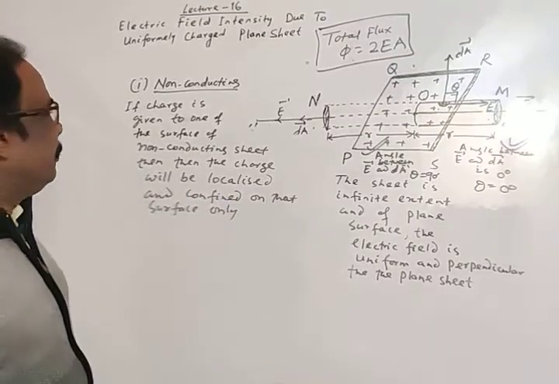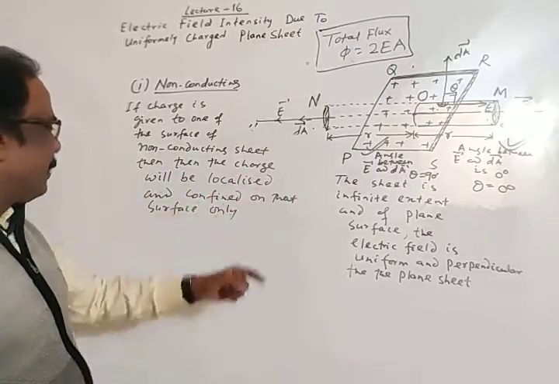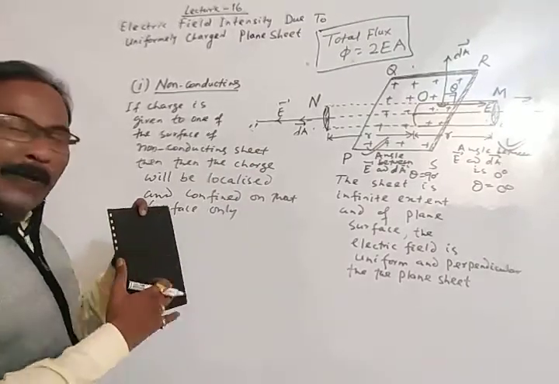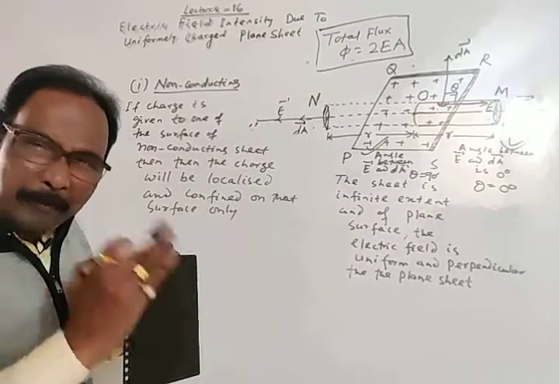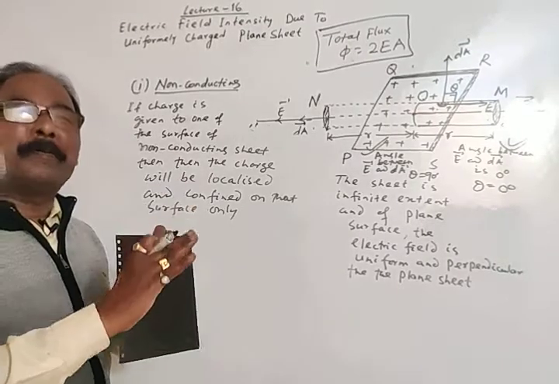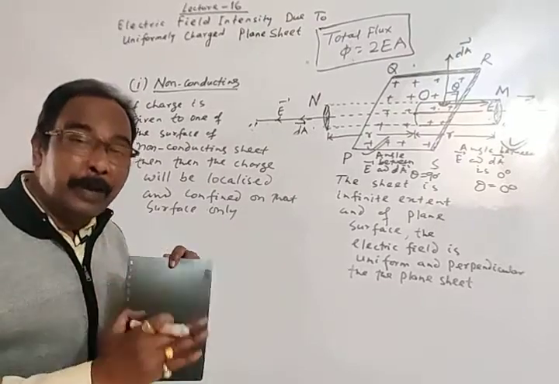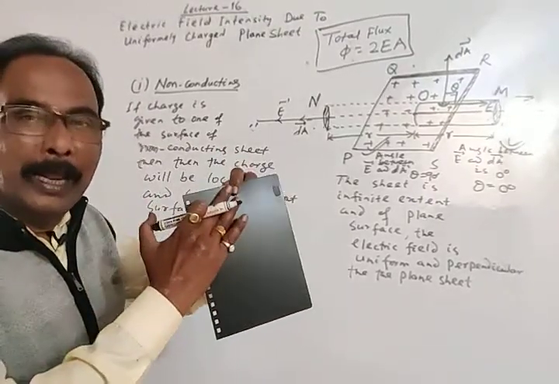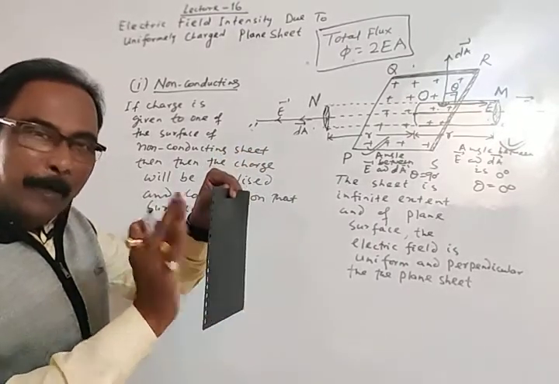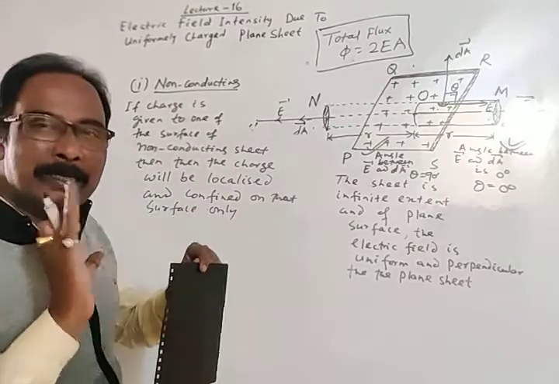Since it is non-conducting, the distribution of charge will be uniform as we have considered, but on one surface only. Charge can't flow through to the opposite surface. Charge will be confined on one surface only.